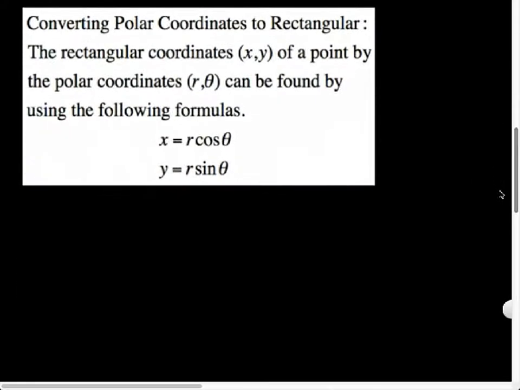In order to convert from polar coordinates to rectangular coordinates, the rectangular coordinates x comma y of a point with polar coordinates r theta can be found using the following formulas: x equals r cos theta and y equals r sine theta.